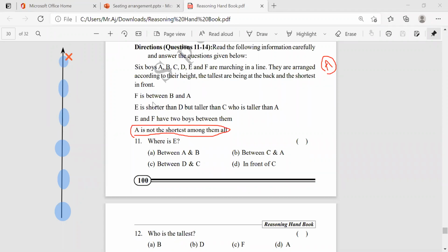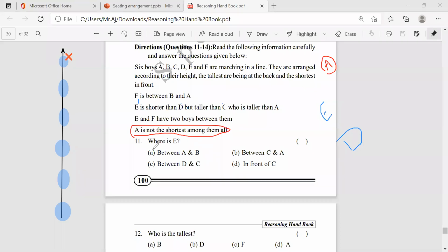Okay, and come to this one. E is shorter than D. Yeah, you just observe clearly. How many persons are there? E, D, C, A. First, E and D, they are giving the relation. E is shorter than D. So D will be here, E will be here, right? Is it clear?